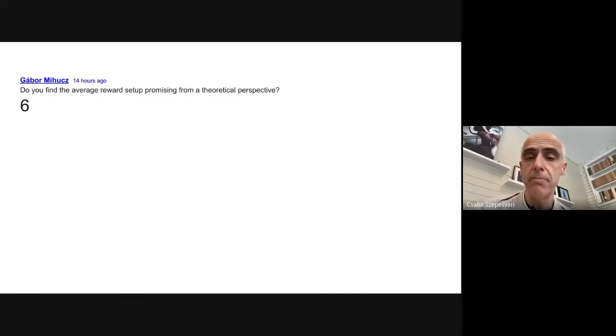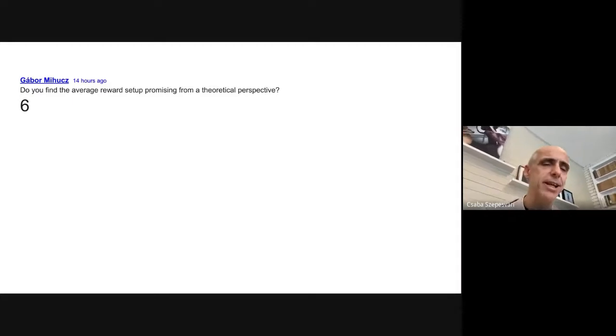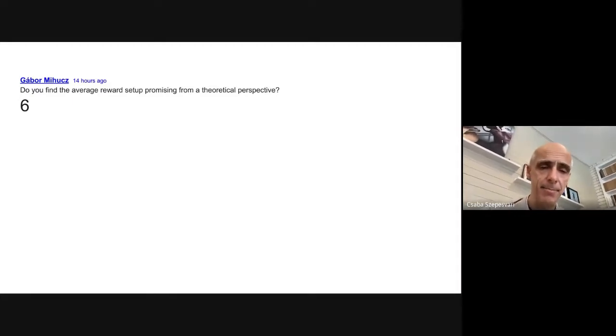Then you may have a problem if you're only showing that this policy is near optimal for the average reward case, because maybe its finite time performance is not good. But of course, most of the time it won't happen because of certain things. But yeah, this is the issue.